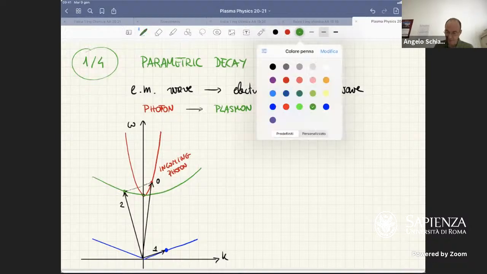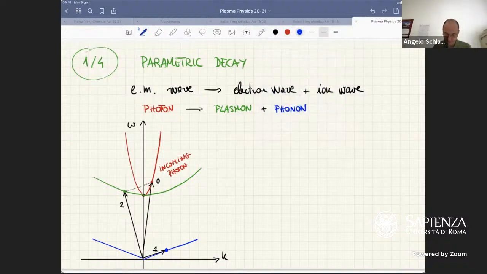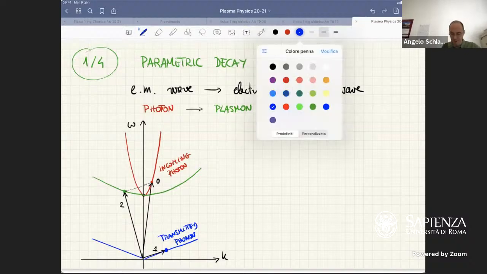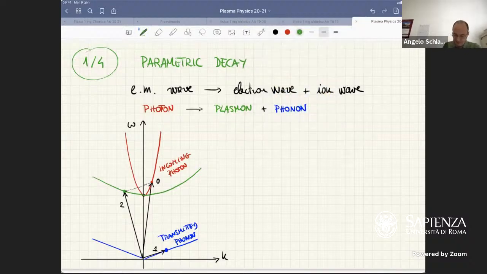We have a transmitted phonon, and we have a backscattered or reflected plasmon.